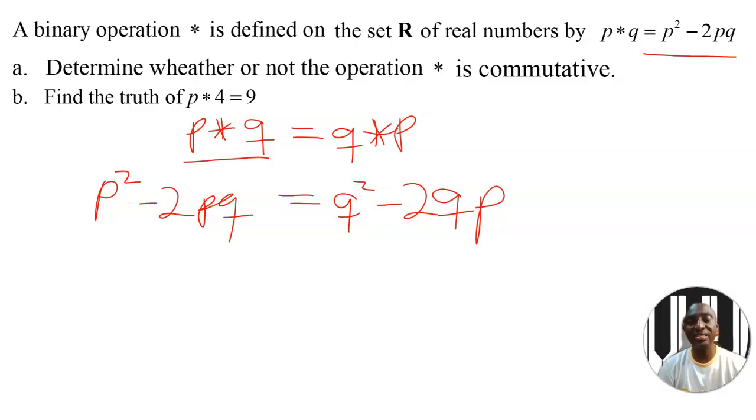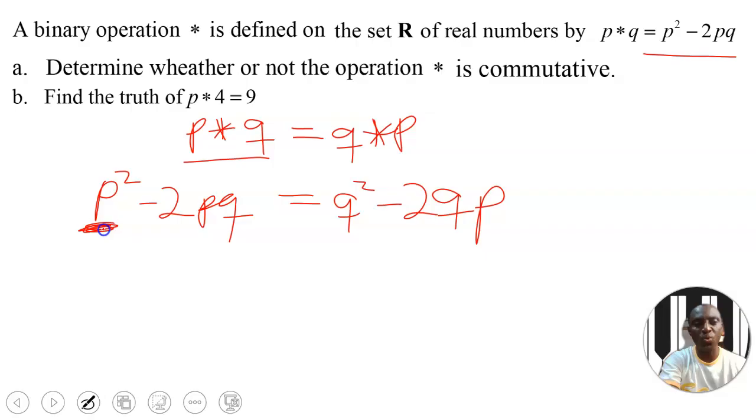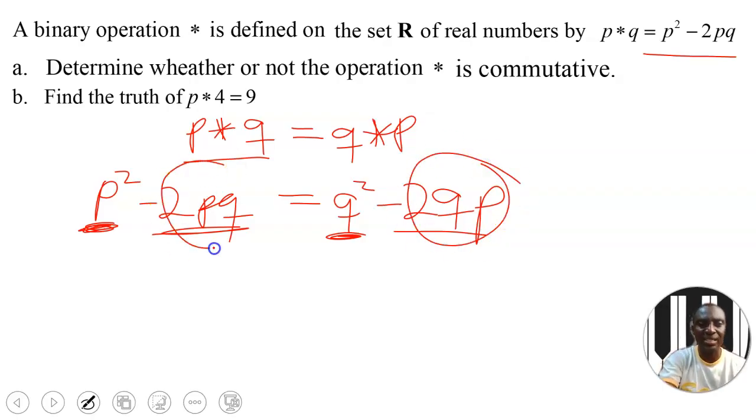It is obvious that they are not the same, because if I pick a number called P and I square it and I subtract this, it won't be the same as picking another number called Q and subtracting the same thing, because this part will be the same as what is coming here.